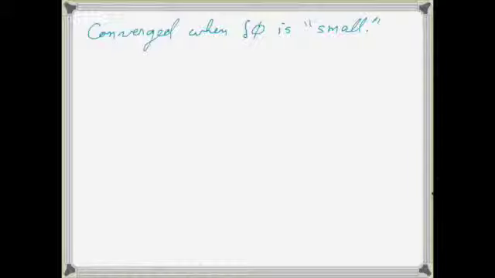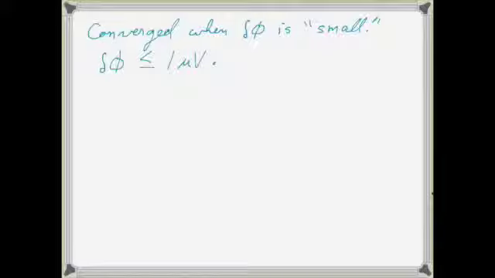And so what do we mean by small? Well, since this is a physics problem, we do have some idea of what we mean by small. So for example, if the change in phi is on the order of or smaller than 1 microvolt, then who cares about a change of a microvolt, right?